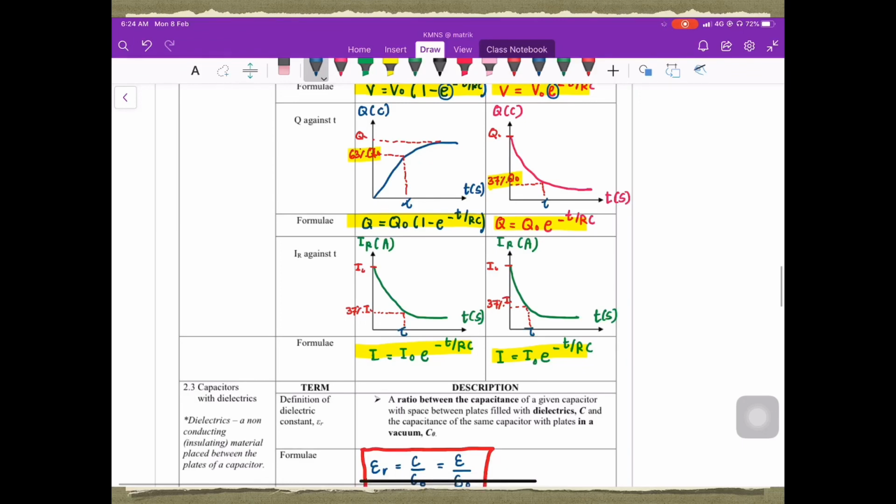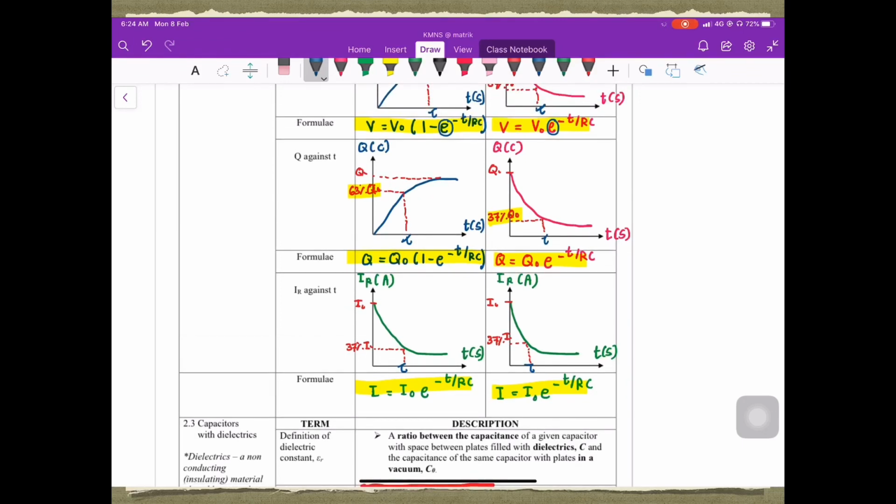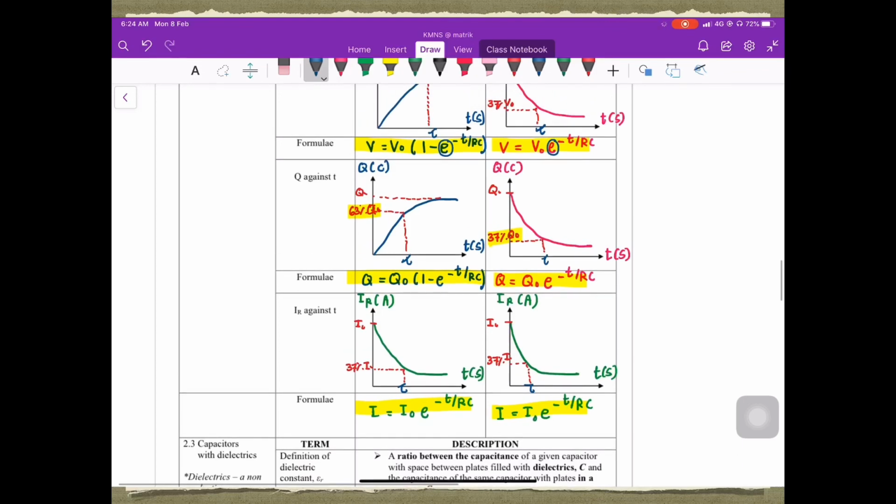Let's say the charge increases to 50% of Q0, and the same for decreasing to 50% of Q0.